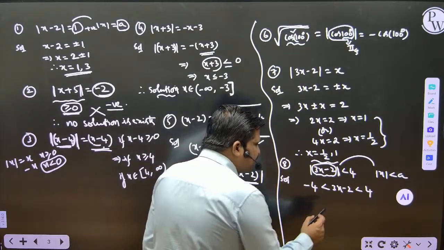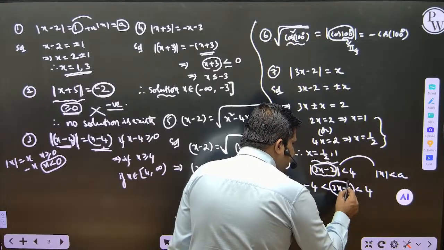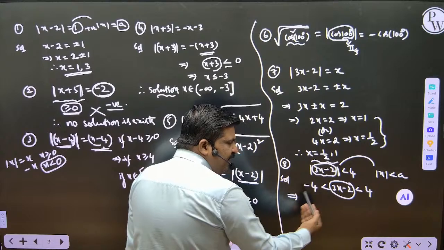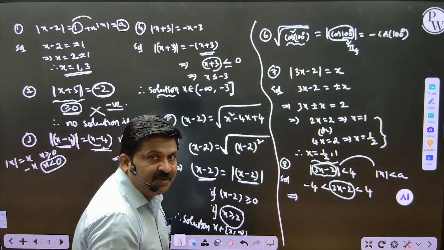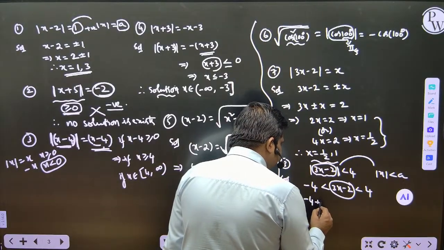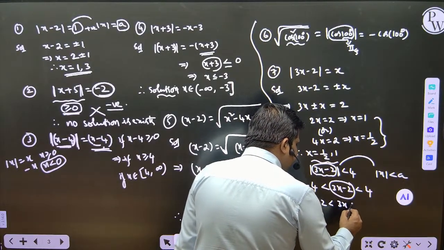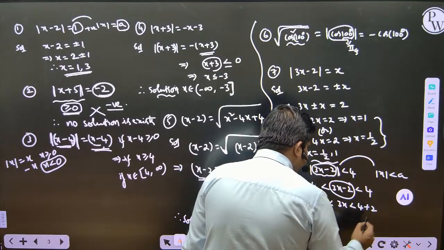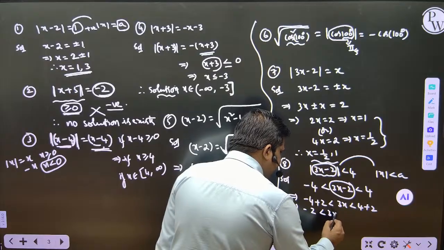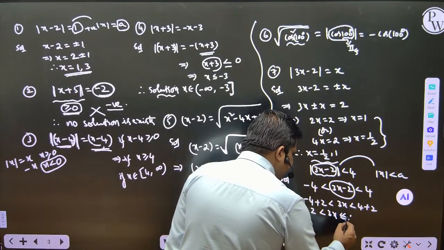But here in place of x, 3x minus 2 is there. It implies add 2. Minus 4 plus 2 less than 3x less than 4 plus 2. It implies minus 2 less than 3x less than 6.